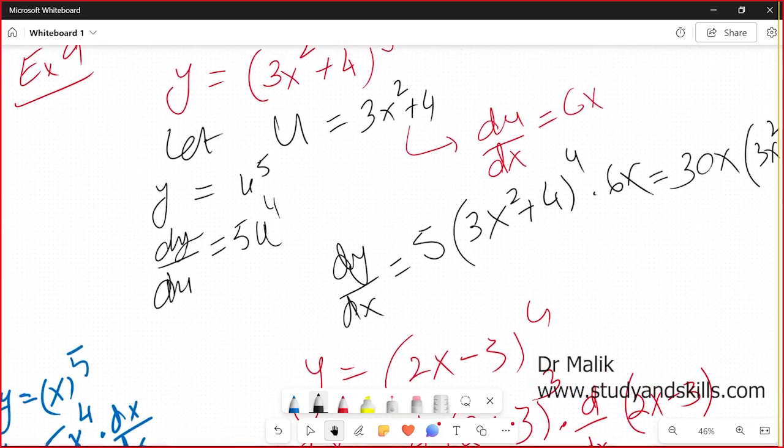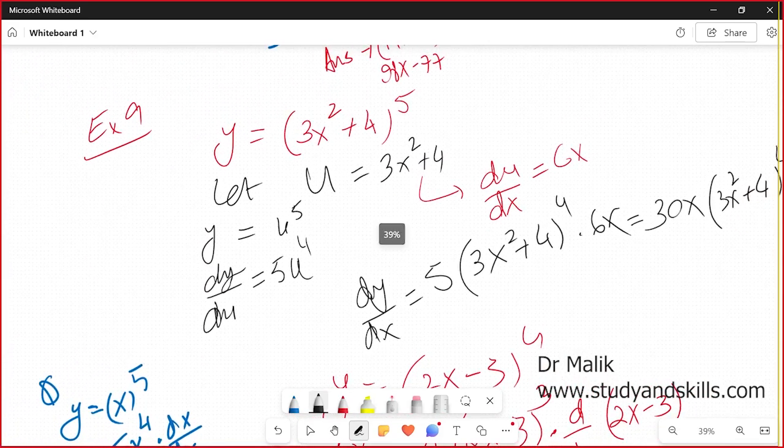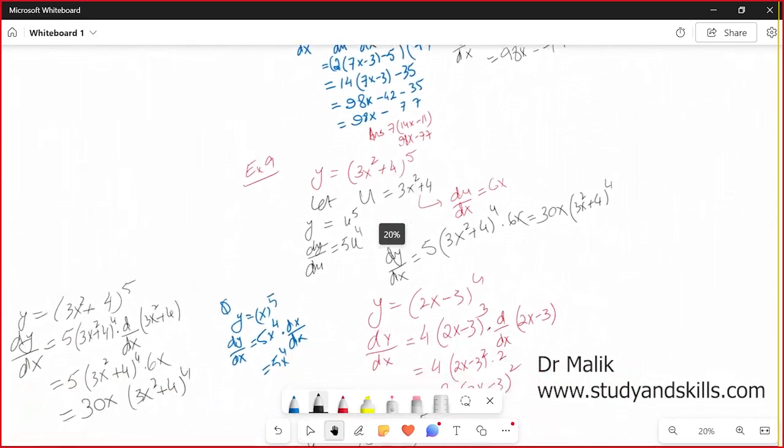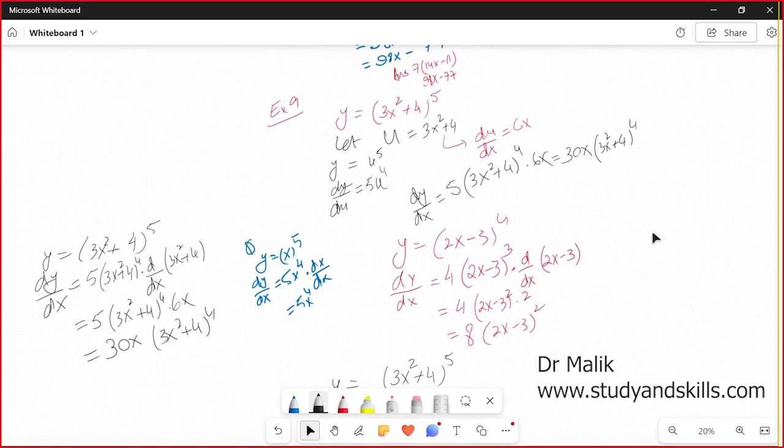Let me zoom so you can compare both. Now you have this question with the chain rule putting u, and here is the answer. And here you have the same question, example 9, alternate way.